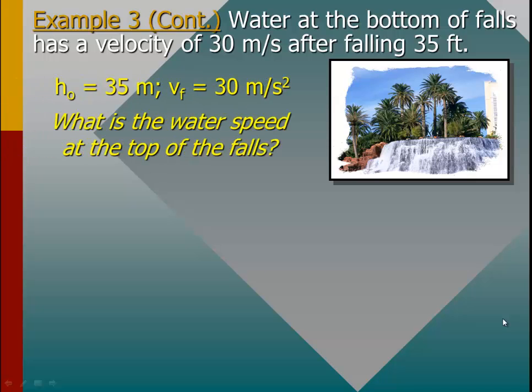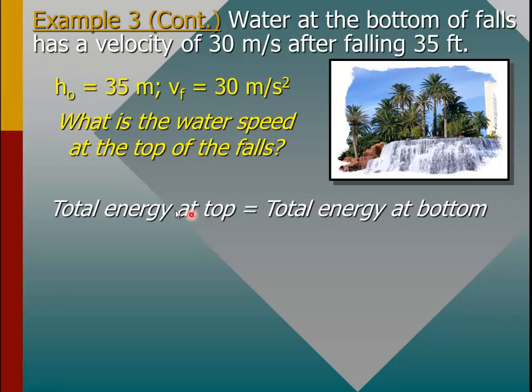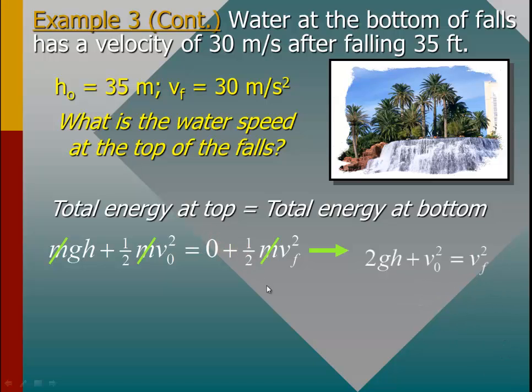So the total energy at the top has to equal the total energy at the bottom. At the top, it has potential and kinetic, and at the bottom, we're going to say it just has kinetic. Notice that the masses cancel, and the final potential energy is 0. So we get this equation right here. It should look familiar because it's just rewriting the kinematic equation.